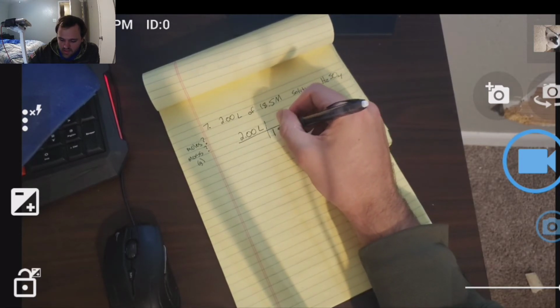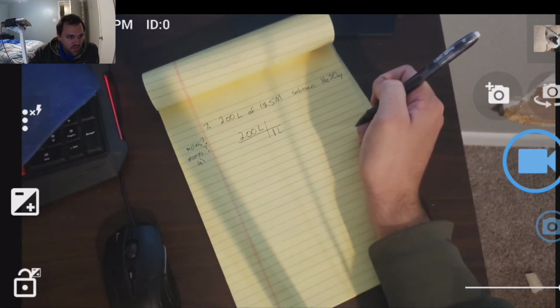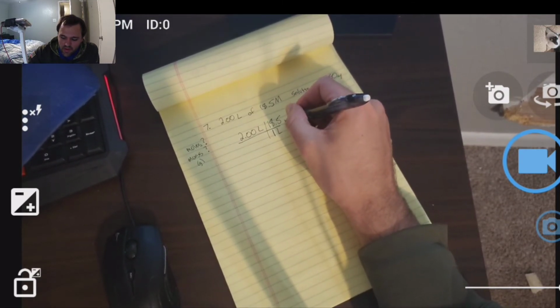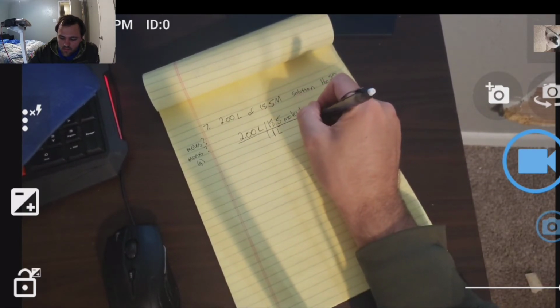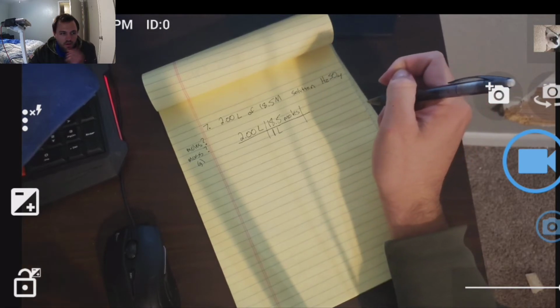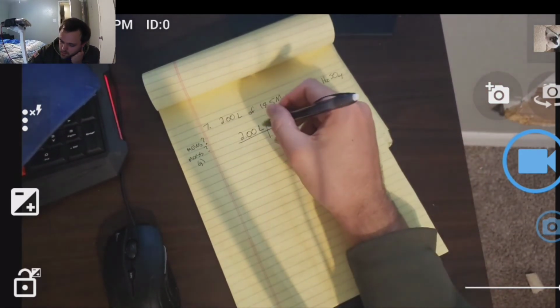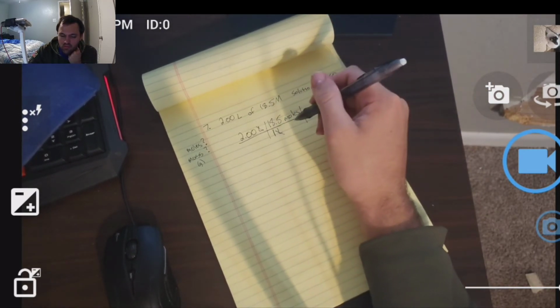We can say 1 liter, and that's got to go on the bottom because the other liter is on top over here. We can say that's equal to 18.5 moles of this solution. Okay, and right there after one step, we've got this answer for how many moles we need, right? The liters cancel out, we're left with just moles.